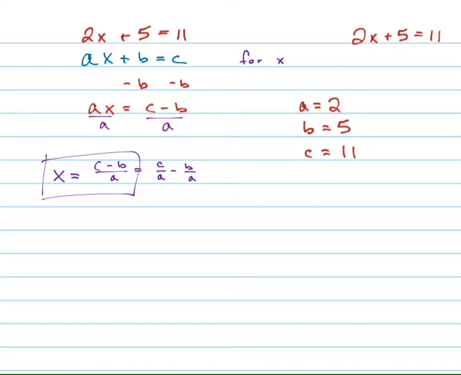So all we have to do is go back to our rewritten equation and plug those in. x equals c, which is 11, minus b, which is 5, over a, which is 2. What's 11 minus 5? 6. Divided by 2 is 3.